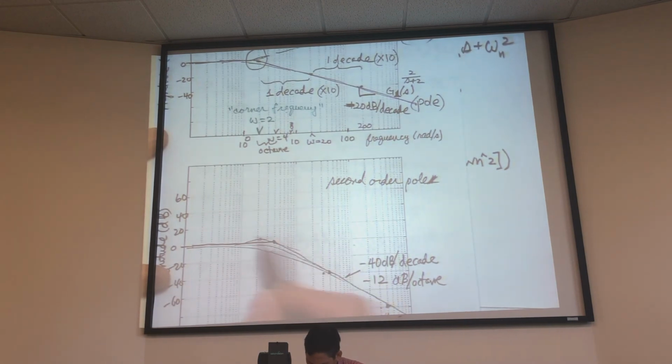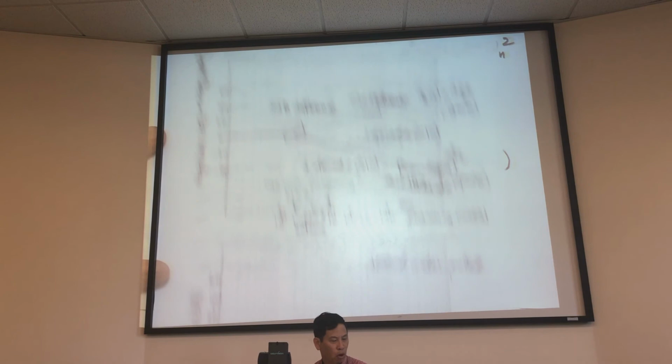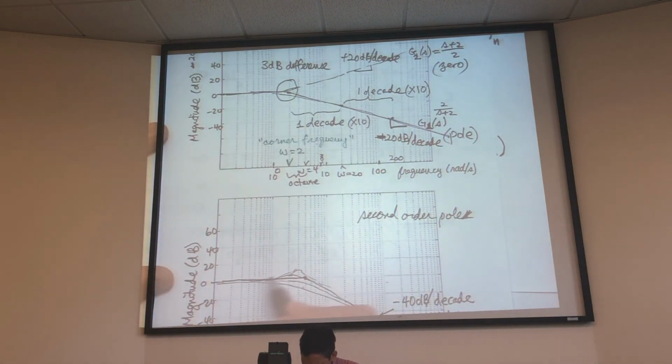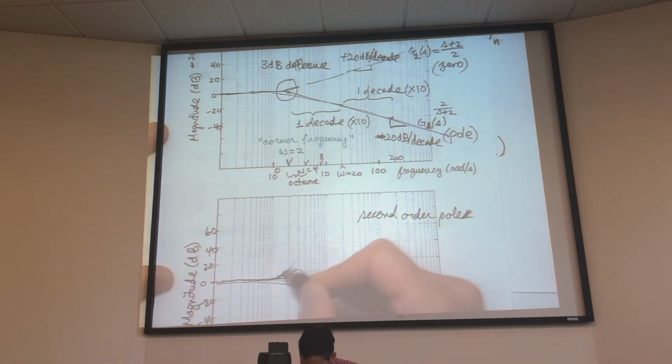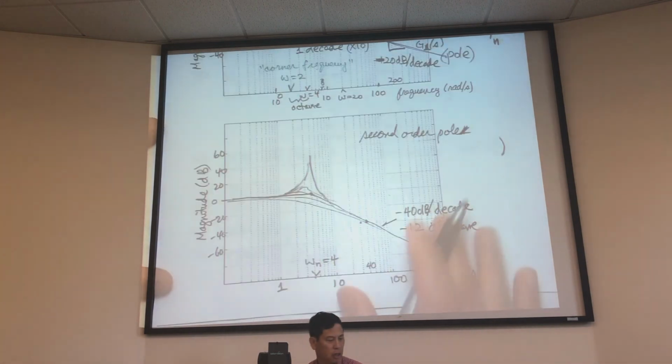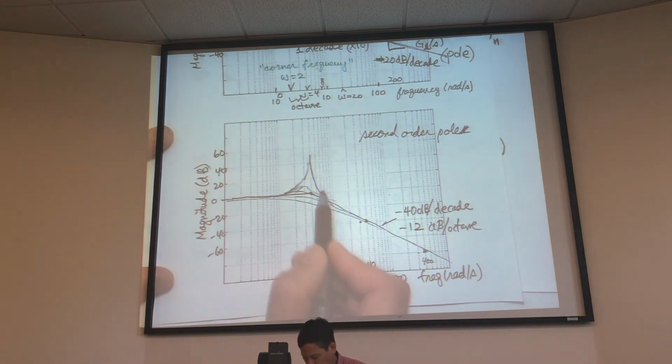And then 0.2, the bulge is going to be even higher. Okay. And then 0.01, it's going to be really peaky like this. It's going to jump up like this.